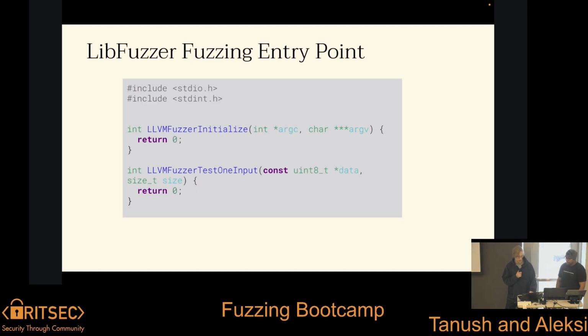As a note, it'll always return 0 or -1. The other values are reserved. And libFuzzer will always look for the specific signature for LLVMFuzzerTestOneInput, and that's required. You also have LLVMFuzzerInitialize.